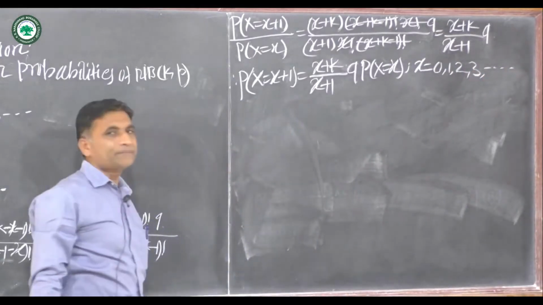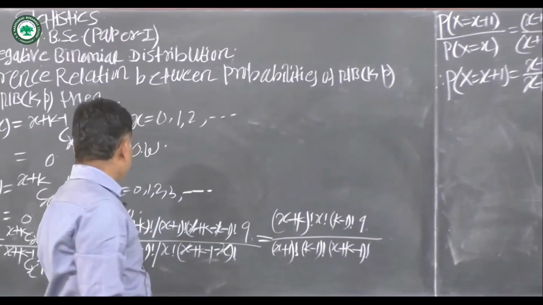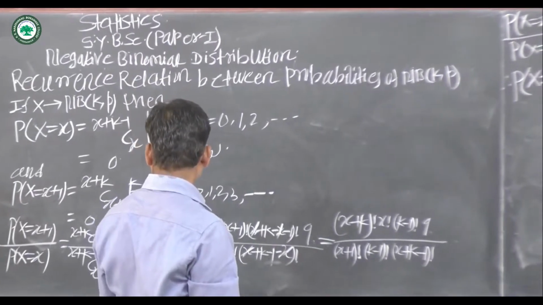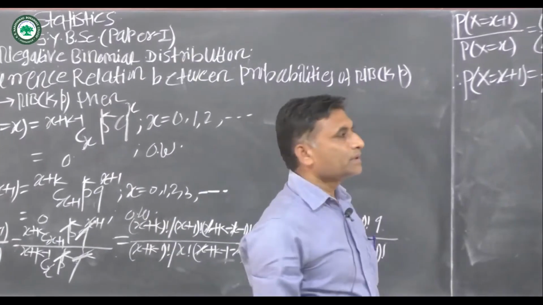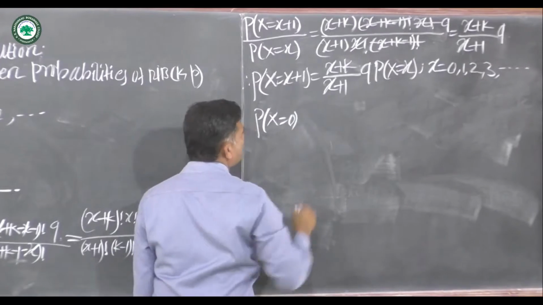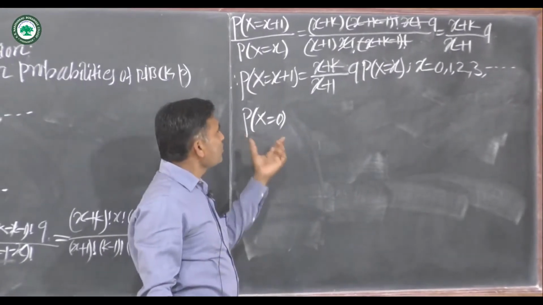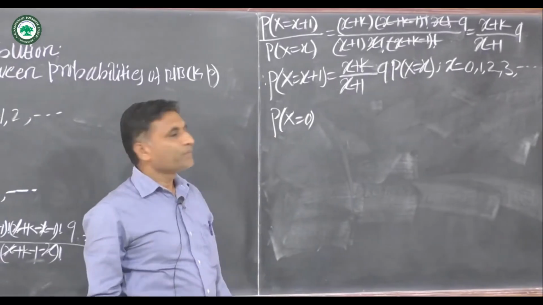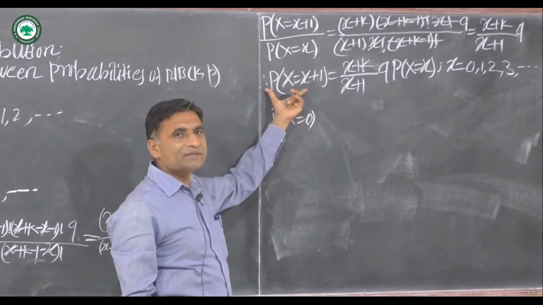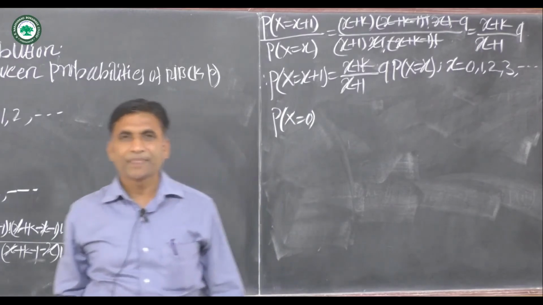Okay, this is the required recurrence relation between the probabilities of negative binomial distribution, and if the probability of X equal to 0 is known, then to compute the further probabilities we can use this above recurrence relation. Using this relation we can easily find out the further probabilities. Thank you.